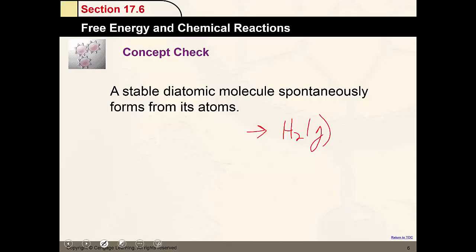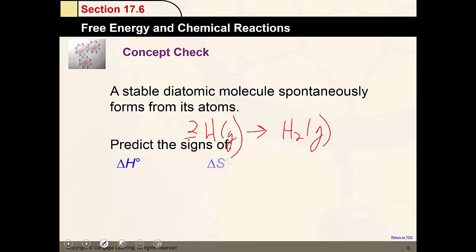So H2, hydrogen, comes from 2 hydrogen atoms. And we want to predict each of these signs. So first off, if we look, we start with 2 molecules of gas here, only 1 here. So that means our entropy is decreasing, so that's negative.